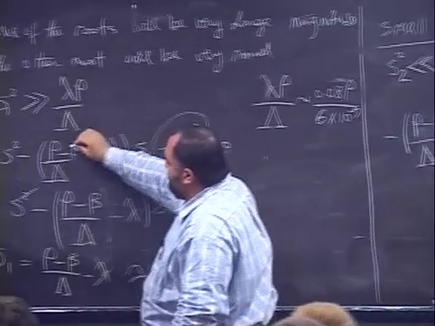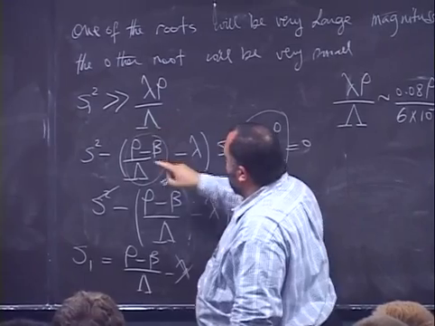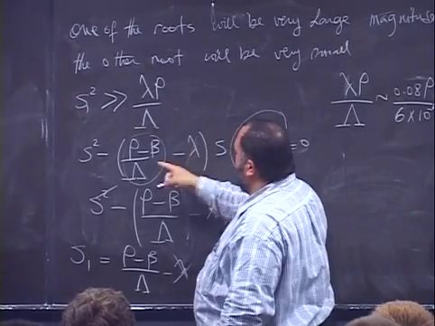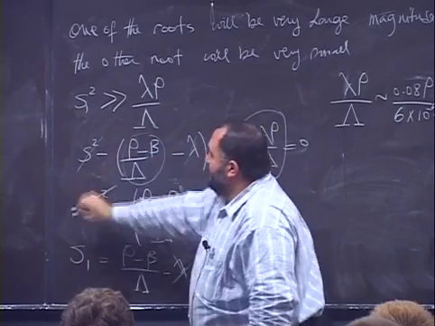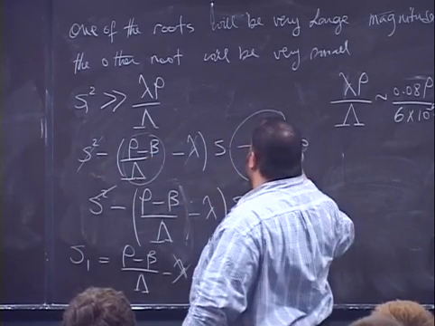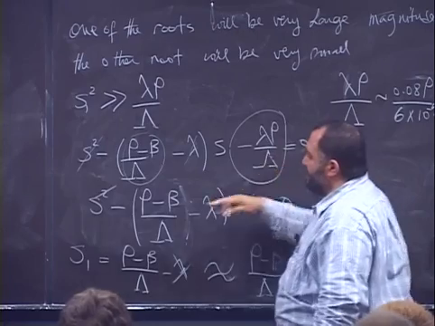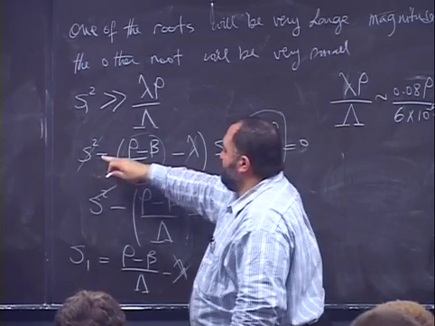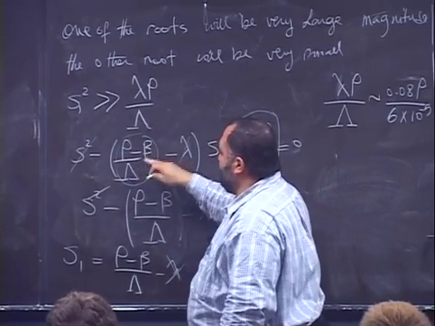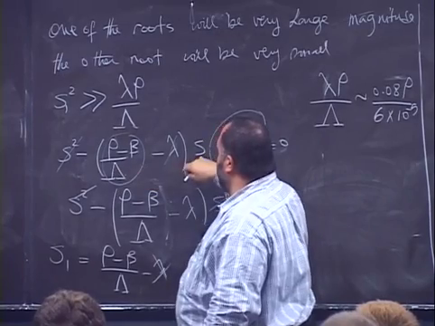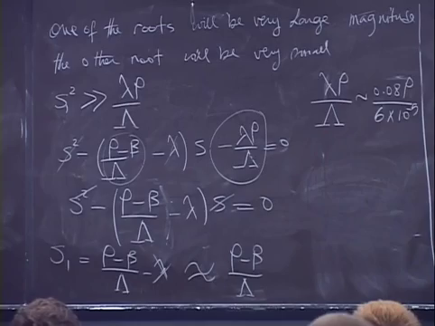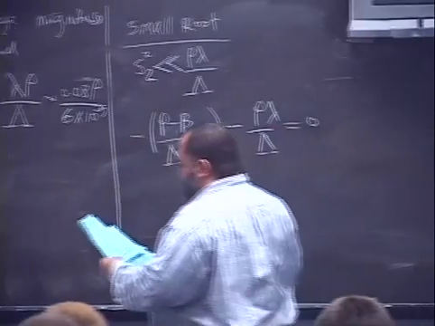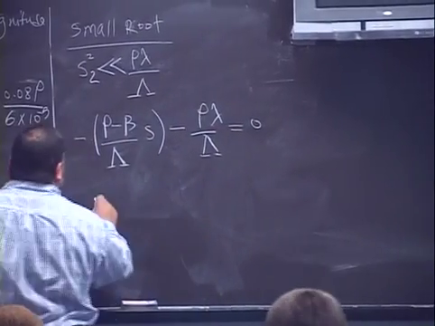So this term is way larger than lambda. I will cancel or neglect lambda with respect to this one. S2 is way smaller than this term, so I will cancel S square. So this will be negative rho minus beta divided by gamma multiplied by S minus lambda rho divided by gamma equal to 0. So in this case, S2 will be equal to what?